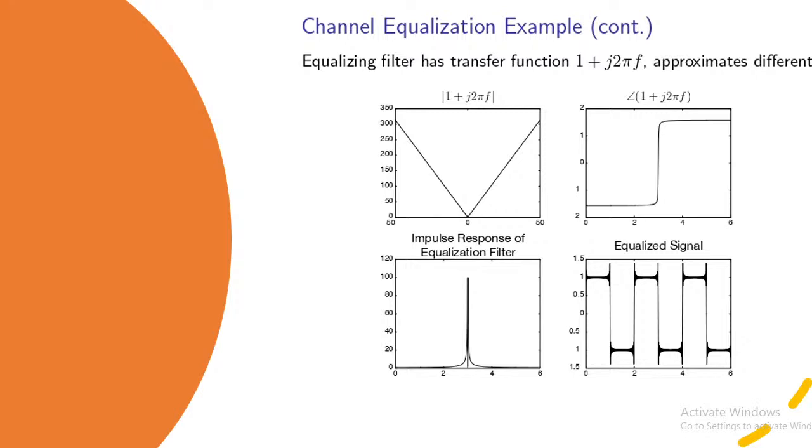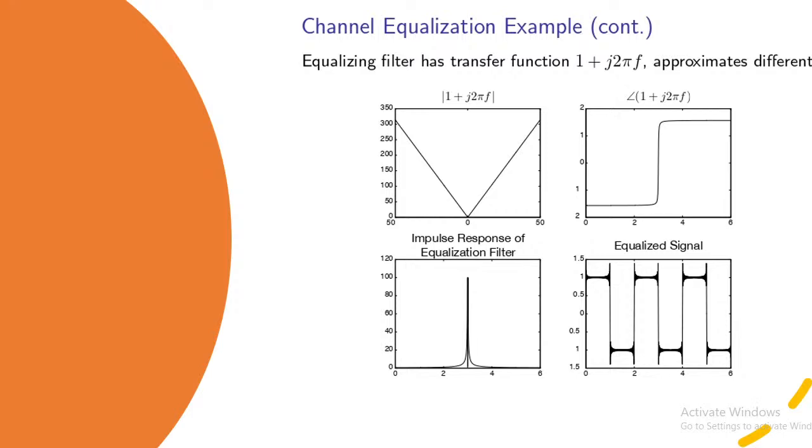Now, to equalize this, we have to use a filter. So, the filter will be used as an equalizer, whose transfer function will be 1 plus j omega, which is 1 plus j 2 pi f.